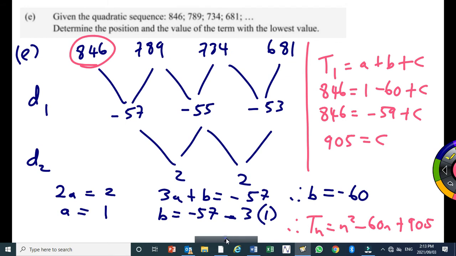So we have Tn equal to n squared minus 60n plus 905. Now we have to solve this. But can you factorize this? No. You can't factorize, so let's do that.